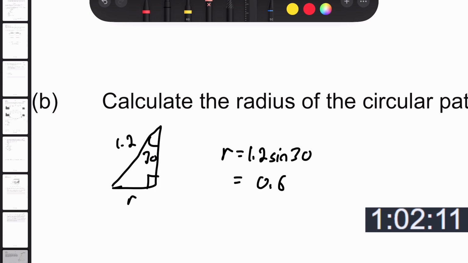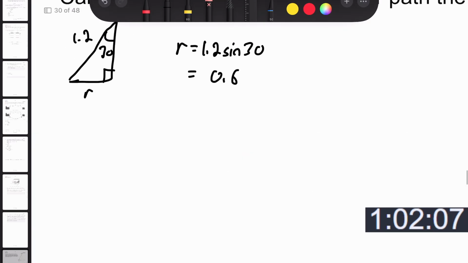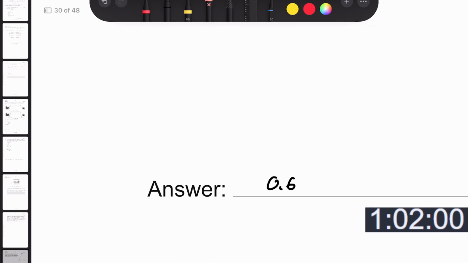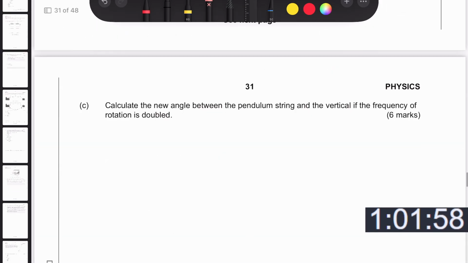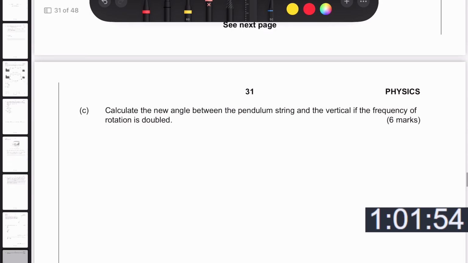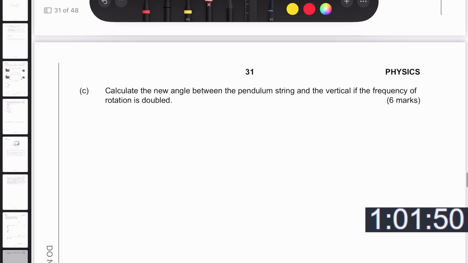So 0.6, is that meters? Meters. So then, oh wait, that's it. 0.6 meters.